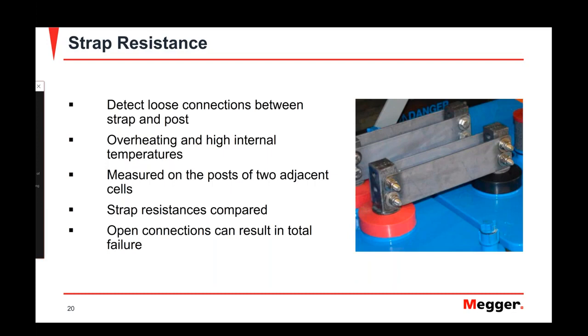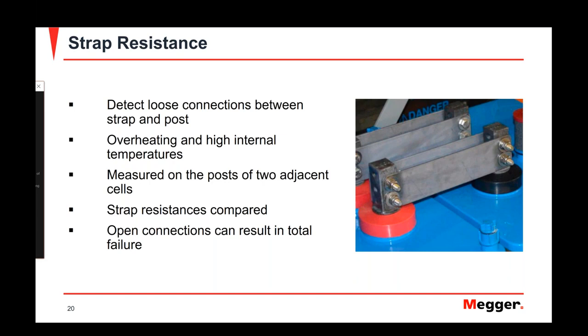Now, it's important to mention that whenever we take these measurements, that we have proper probe placement. You don't want to place your probes on the hardware connecting the strap to the post. You want to place your test probe connections on the posts of the battery so that you take a measurement across both sets of bolted connections.